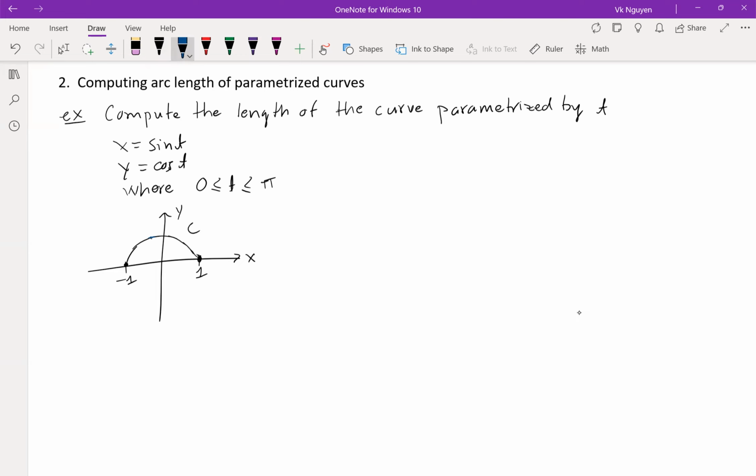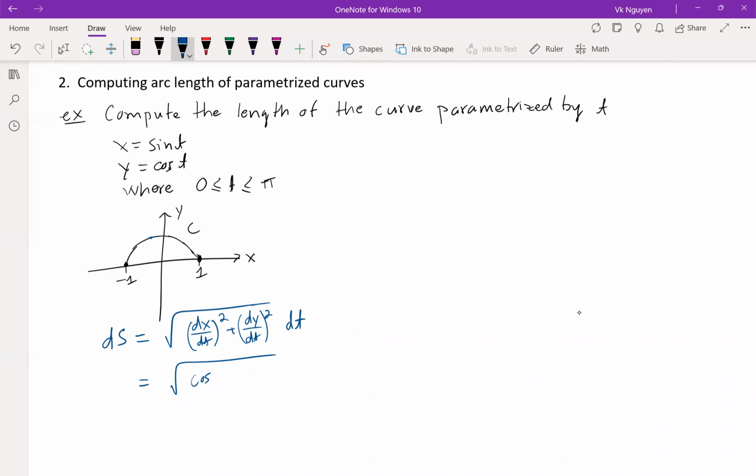Let's take a look at a small arc. ds is the root of (dx/dt) squared plus (dy/dt) squared, dt. The derivative of x with respect to t is cosine t.